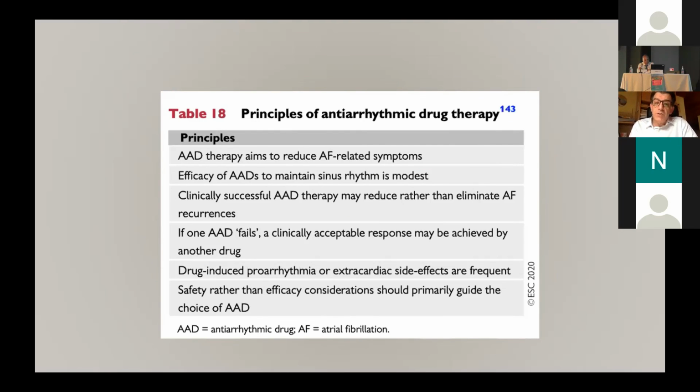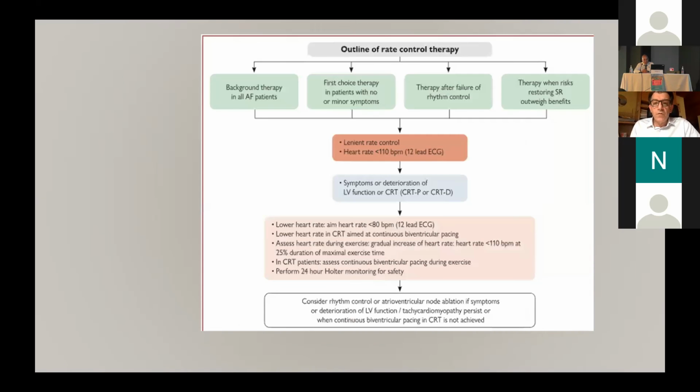I mean, use the same strategy as for patients with atrial fibrillation. And we must have in our mind that in some of these patients, we could use the new electrophysiology, the ablation strategy.